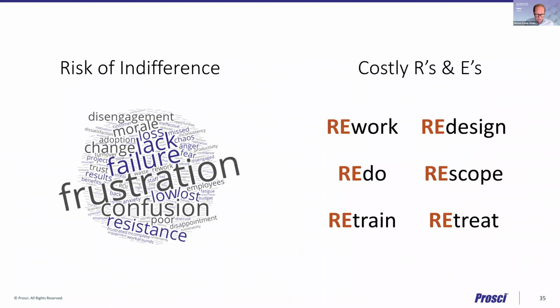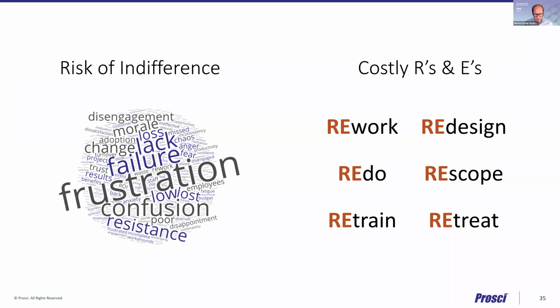It's interesting. One of them is the idea that is a derivative of return on investment. This came from one of Prosci's master instructors, J.J. Johnson. He said that everybody talks about return on investment as the ROI, but there is another ROI, which is the risk of indifference. Frustration, fatigue, failure, all of those things that we just identified when we ignore the people side of change.